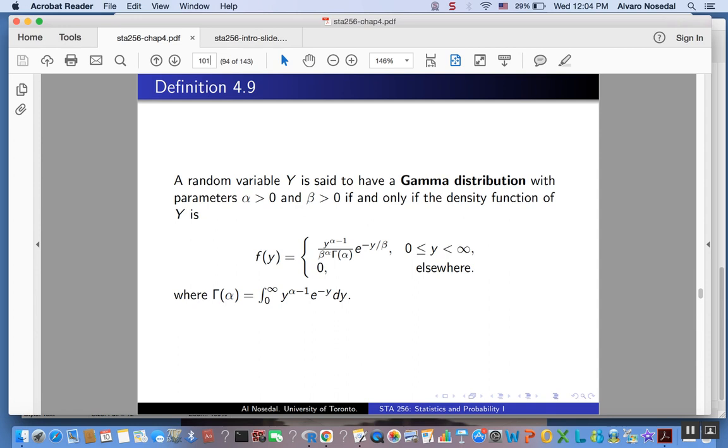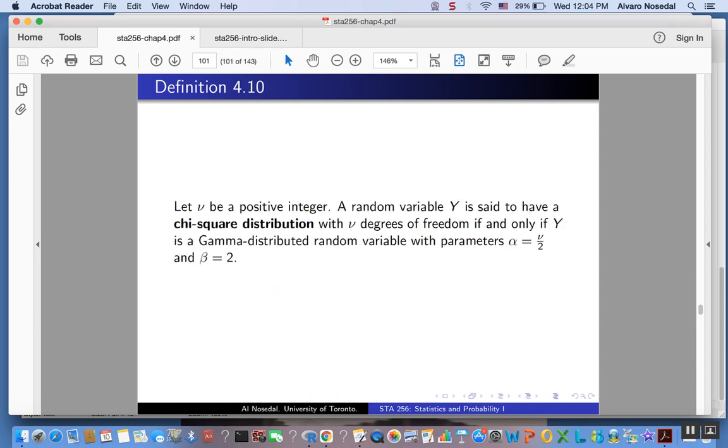So let me show you how chi-square distributions are defined. In the case of chi-square, instead of making the value of the parameter alpha constant, you make beta equal to 2, and then alpha has to satisfy this restriction.